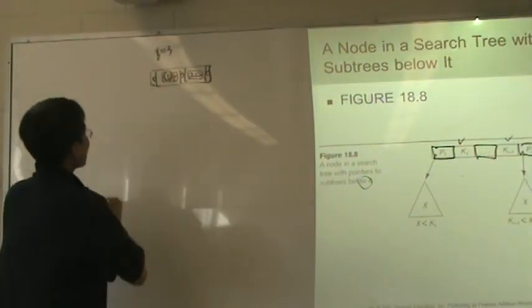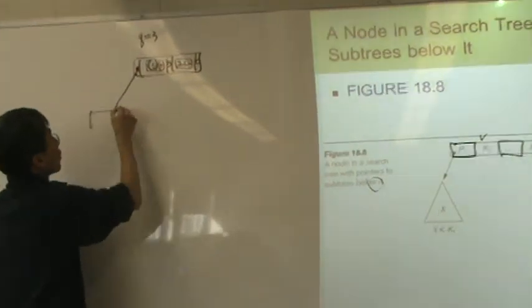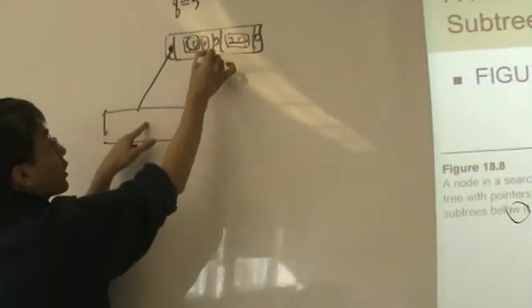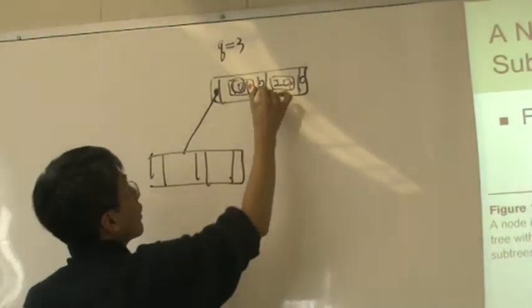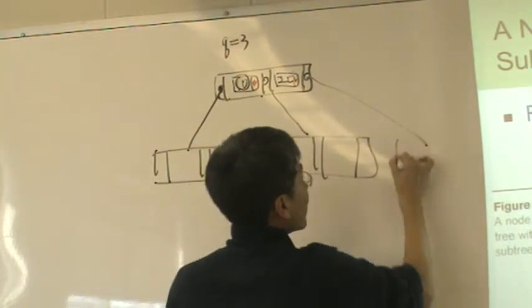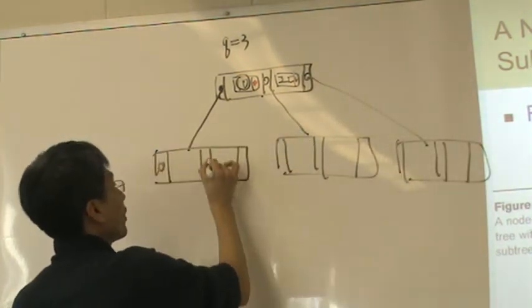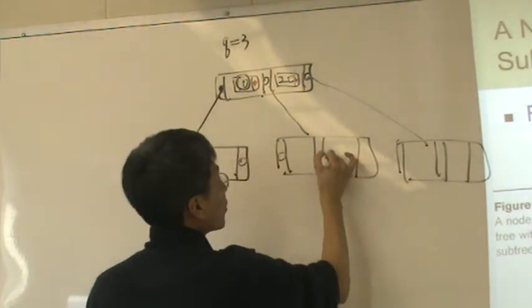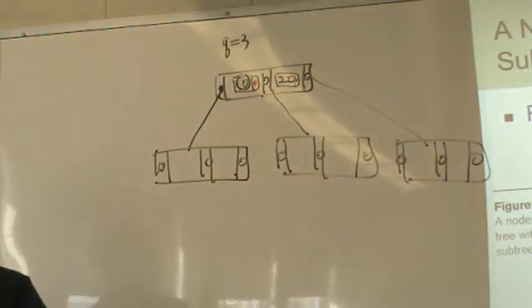Then, what is this pointer for? Children nodes. Children nodes should have the same data structure, like this one, this one, and this one, with pointers to their own children.